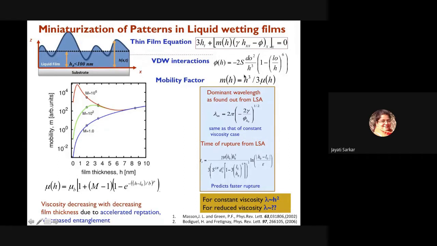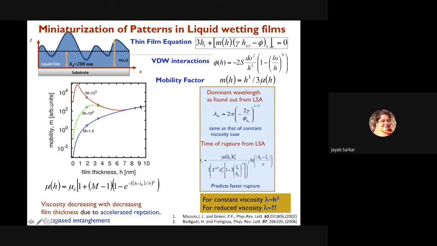For cases where mu varies the way that we have described, we have seen that the mobility does not follow a monotonic behavior. It first increases, reaches a maximum, and then drops down, reaching the constant viscosity curve for higher thicknesses.